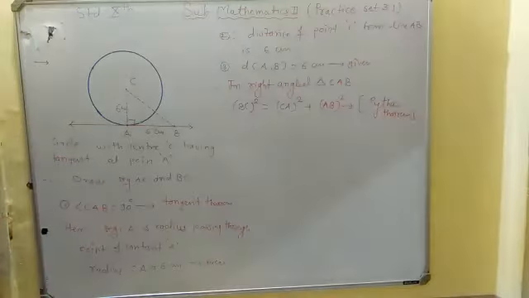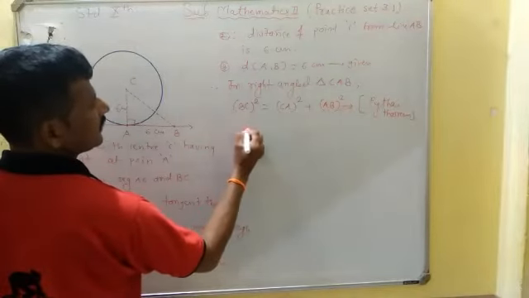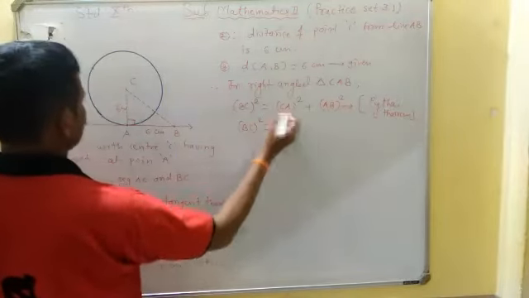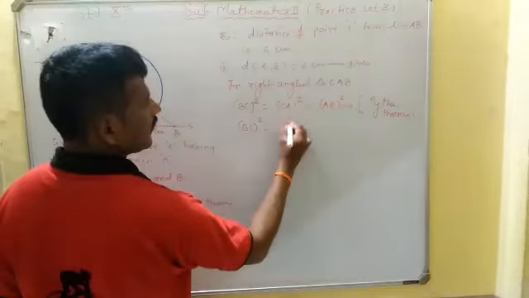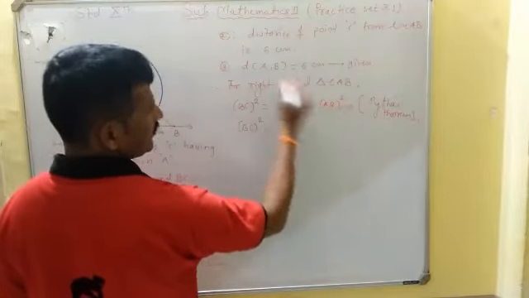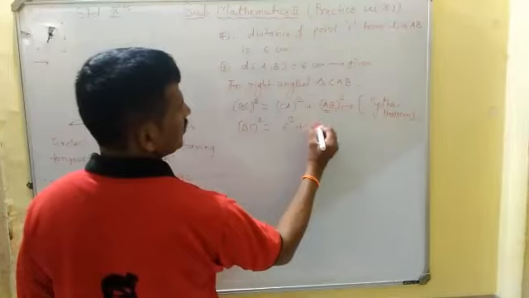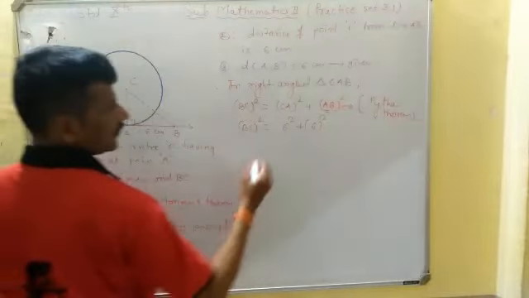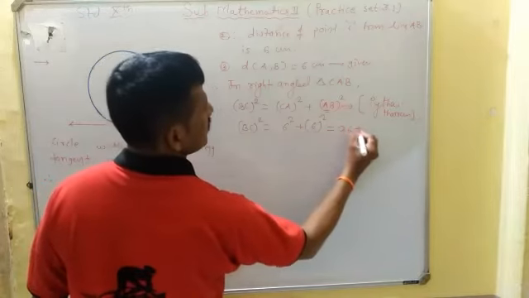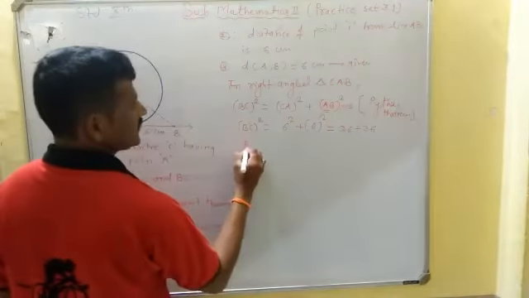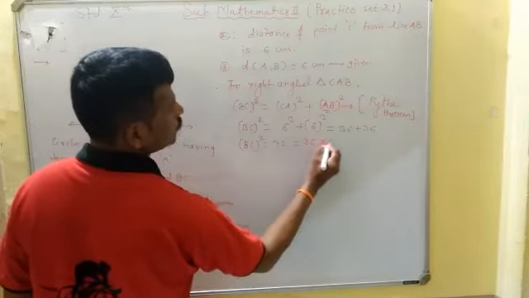Now substitute the values to find BC. BC square is equal to the value of CA, its radius, 6 centimeter, squared, plus the length of AB, 6 centimeter, squared. Now taking the squares, 36 plus 36, BC square is equal to 72, which is 36 into 2.